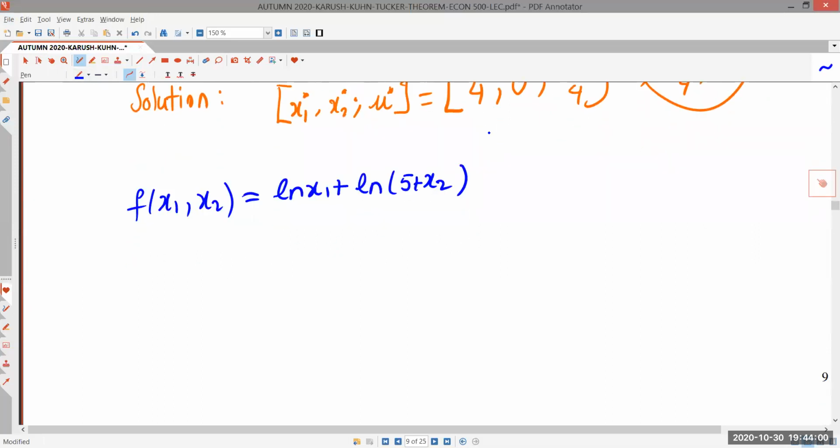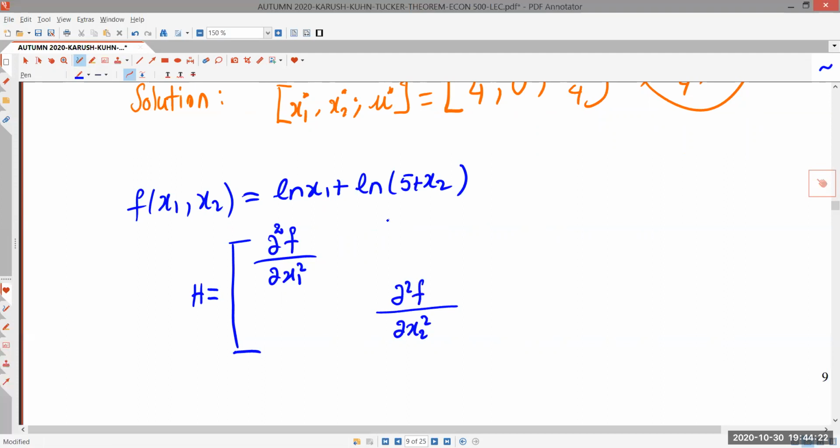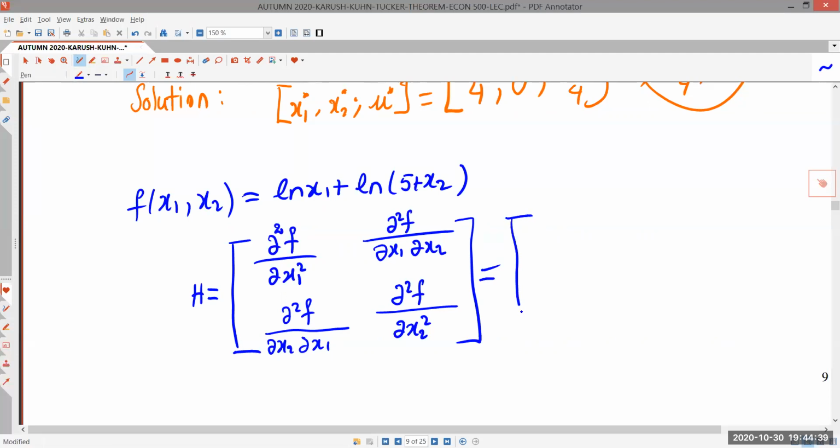Okay, and what we do here, we form the Hessian matrix. The Hessian matrix here, just to remind you, take the second order partial derivative with respect to the first. This is the diagonal elements. And the Hessian matrix here is this one.